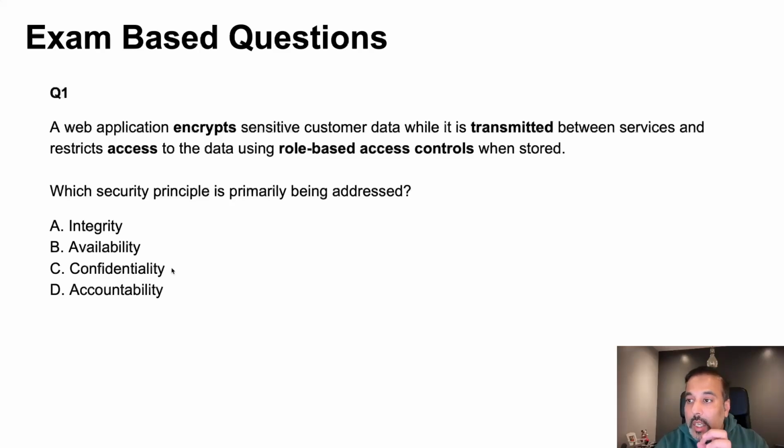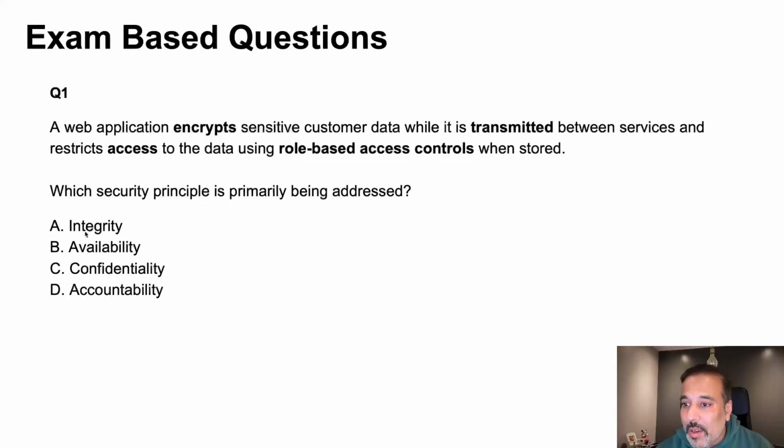The first key thing is you need to highlight the key points from this question. The first one is encrypts transmitted, so from this, TLS might come to your mind. Restrict access control, and next one is role-based access control. Based on those key points, you start eliminating things.